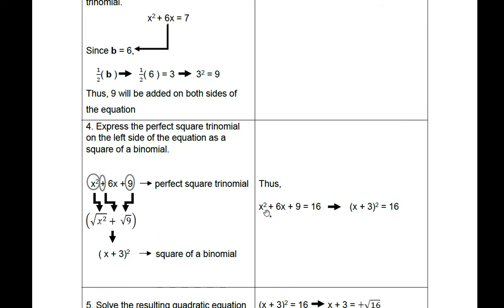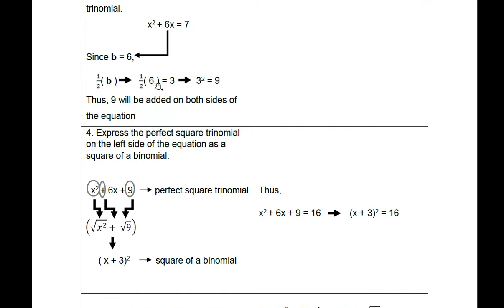So this is the square of binomial. The easiest way to write this one is you get the x and plus 3, then square natin. Kung ano yung makikita niyo dito pag kinuha niyo ng 1/2, ito yung ipa-plus niya. Then equals 16.